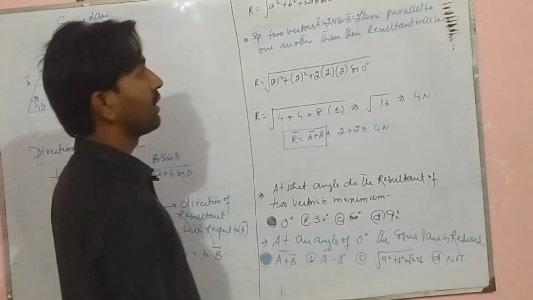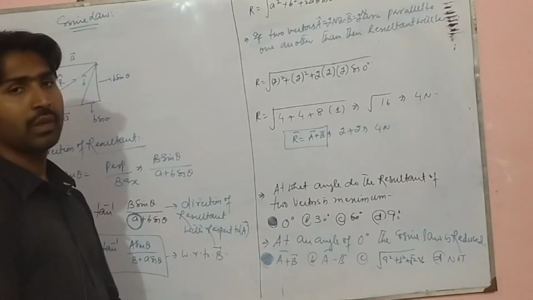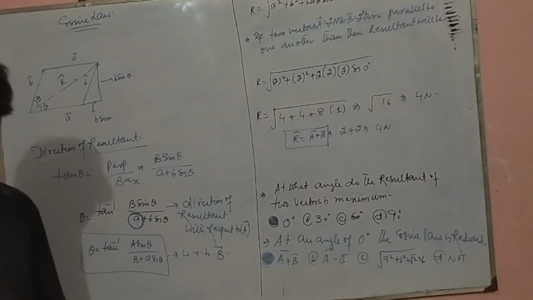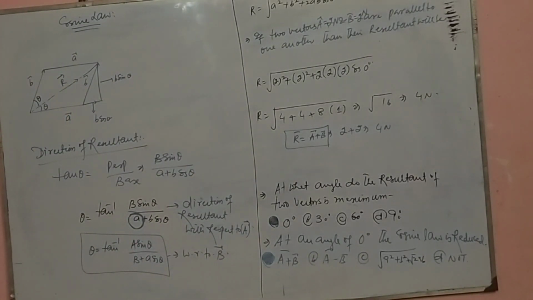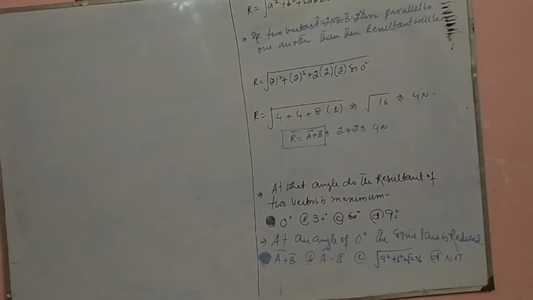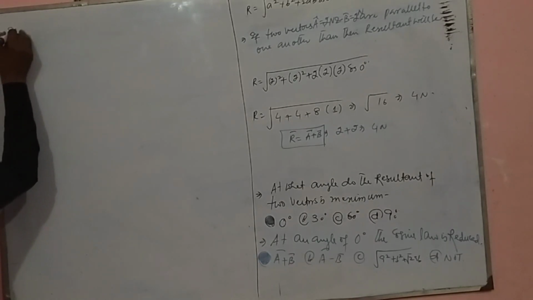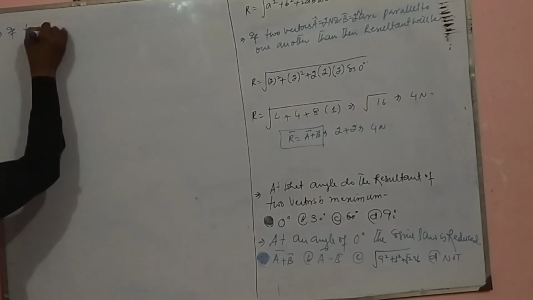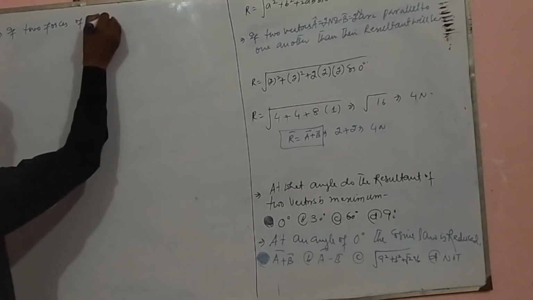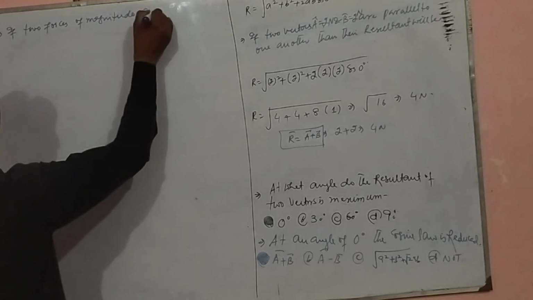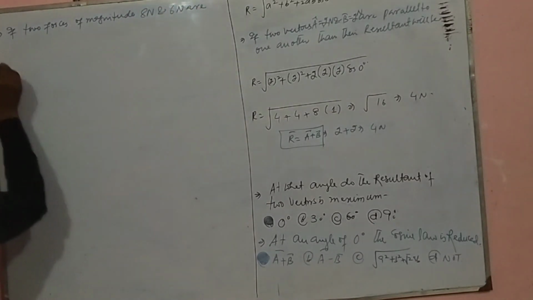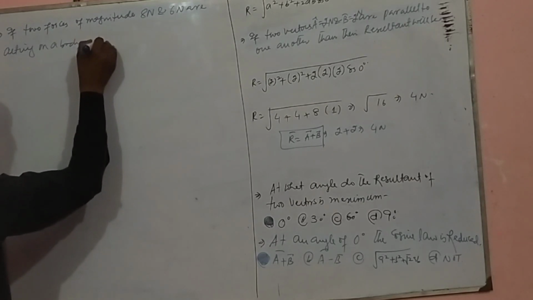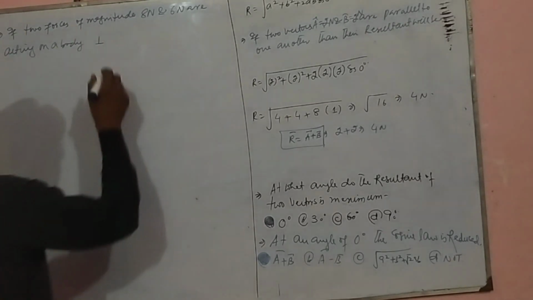Okay. If two vectors are perpendicular to one another, then the cosine law will be... Let's say if two forces of magnitude 8 Newton and 6 Newton are acting on a body perpendicular to each other, their resultant will be?